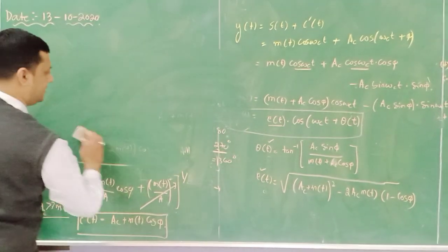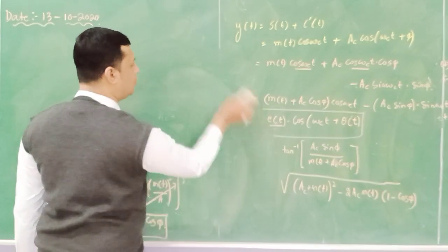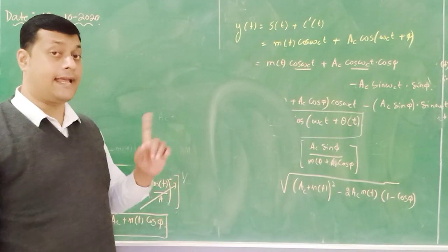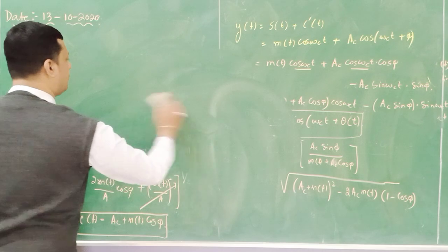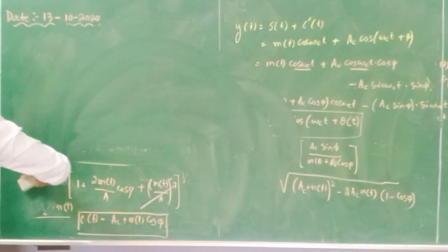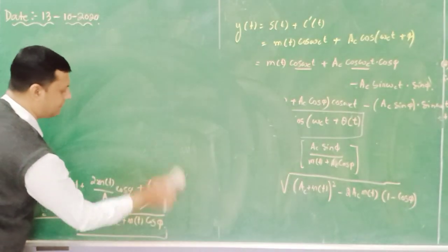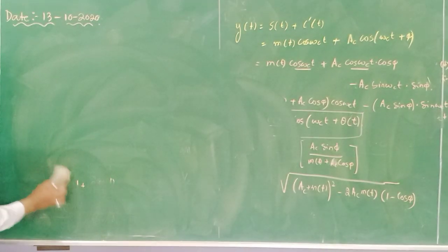Now we will discuss how we can transmit two DSB-SC signals without changing the carrier frequency. There is a modulation technique available for this: two DSB-SC signals with the same carrier frequency transmitted through a particular channel, which can also be recovered at the receiver end.